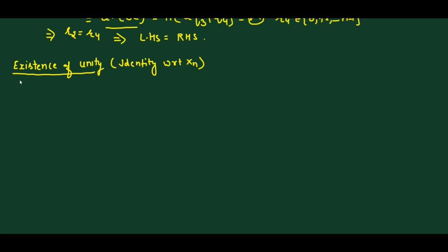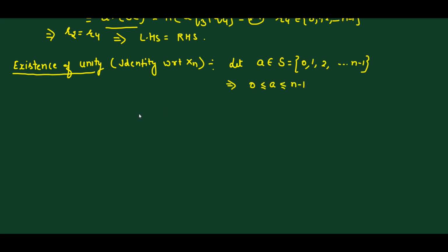So now we move to the step: existence of unity in S. It means the identity with respect to the multiplication. For this, choose any arbitrary element from the set S. This implies A is an integer lying between 0 and n minus 1.